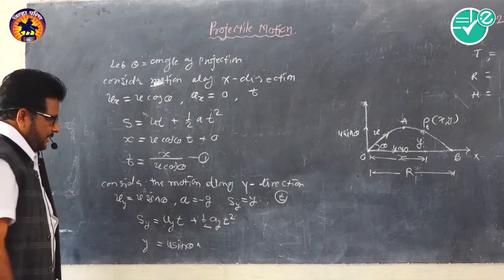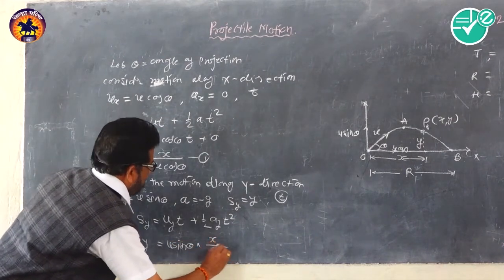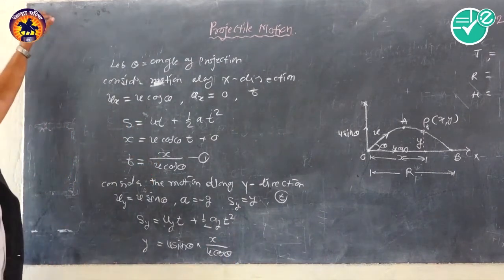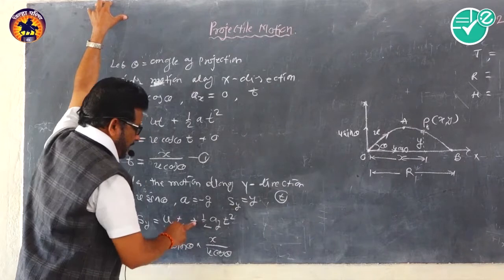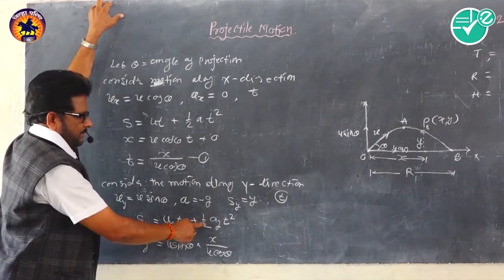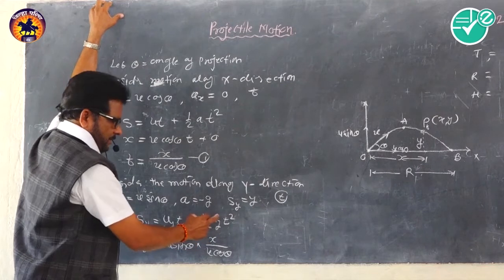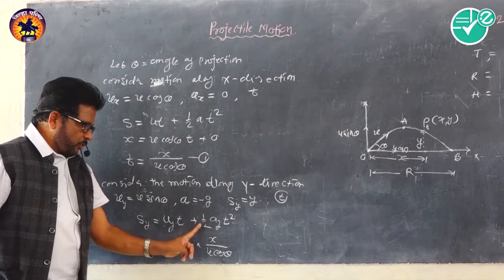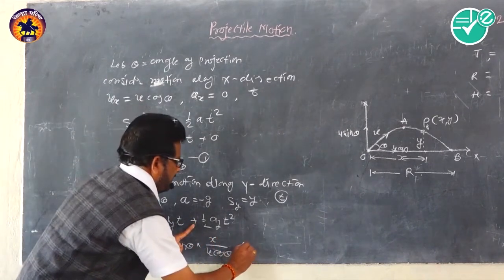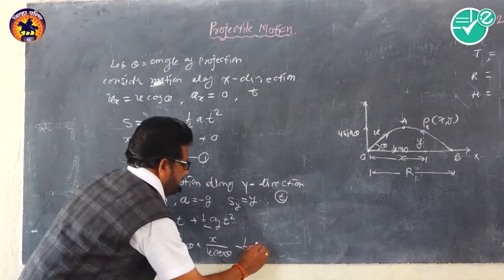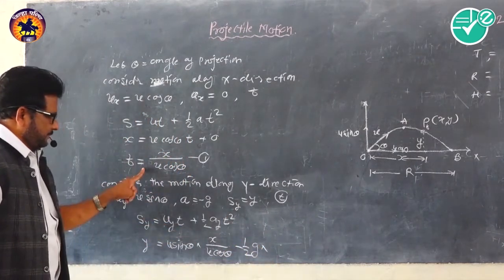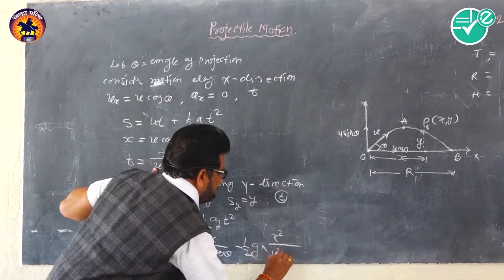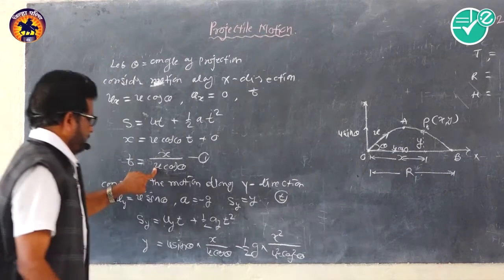So we get u sin theta into x upon u cos theta, plus half g t square, but acceleration along the vertical direction is minus g, so we take minus half g into t square, that is x square upon u square cos square theta.